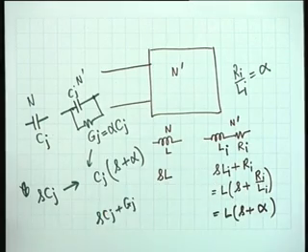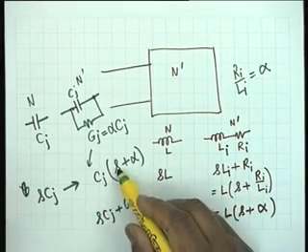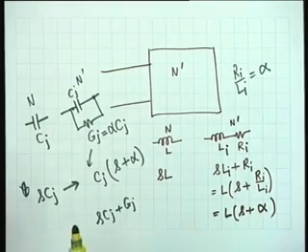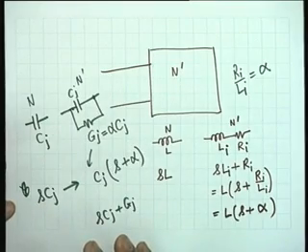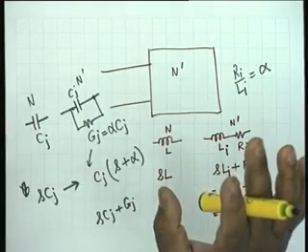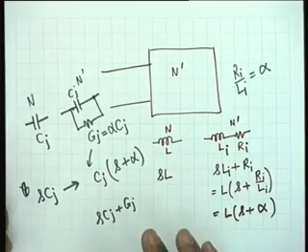I take Cj common, therefore I get Cj times S plus alpha. Is that okay? Resistors in N we leave intact. That is, a resistor Rk in N goes as resistance Rk in N prime.